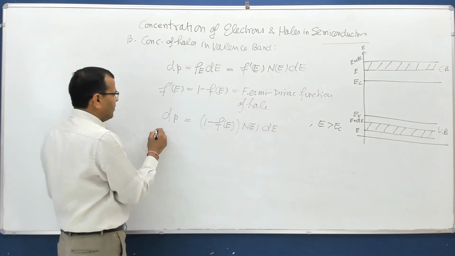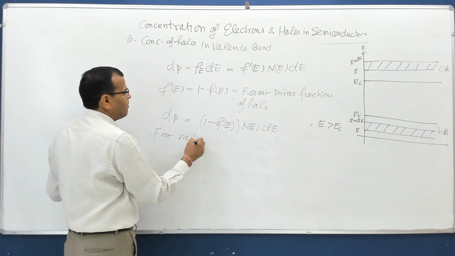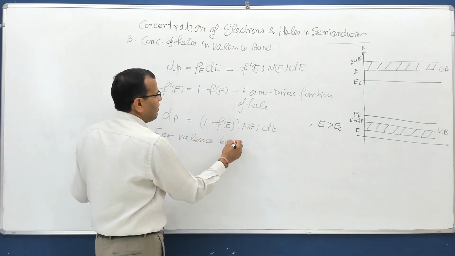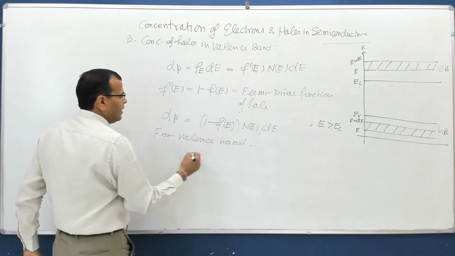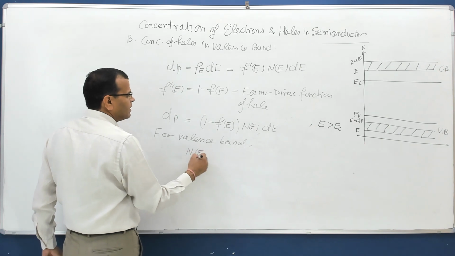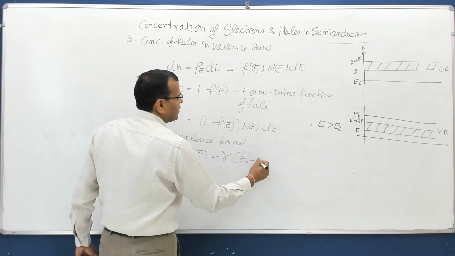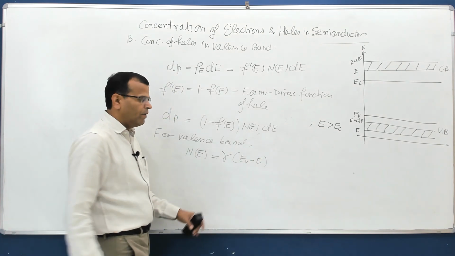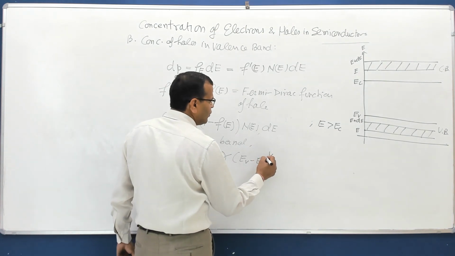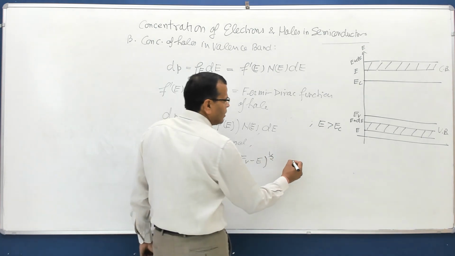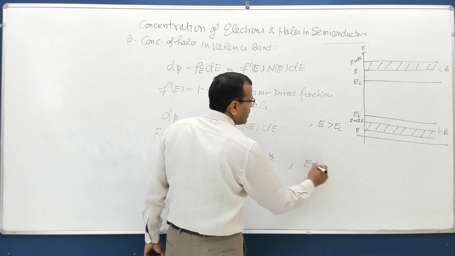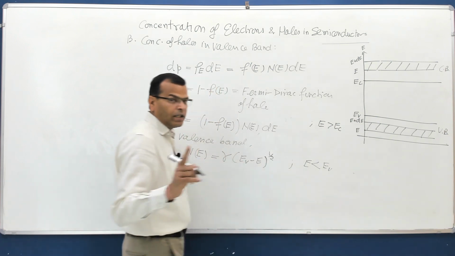Now for the valence band, you should remember that the density of states is given by gamma (EV minus E) to the power 1 by 2, where E is less than EV, that is the valence band.